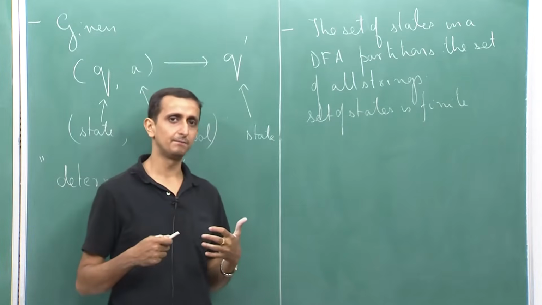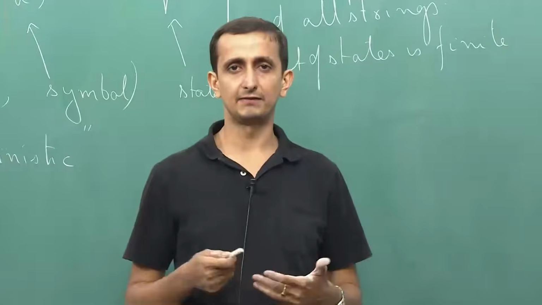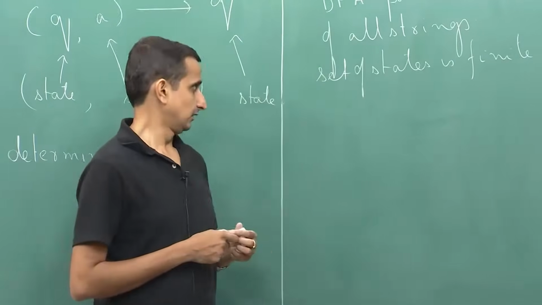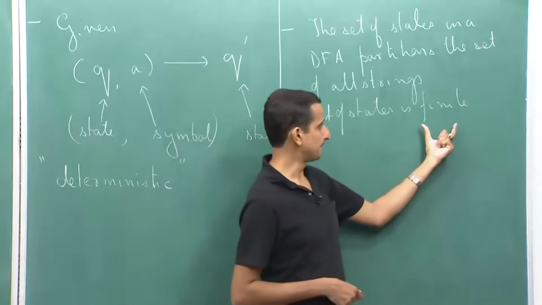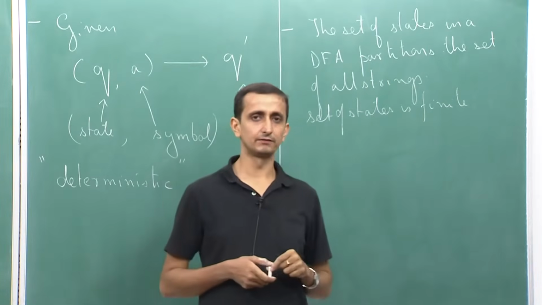It cannot remember information which is a function of, let us say, the input length. Okay. So, this is the reason why we again have the term finite in the terminology of a DFA.